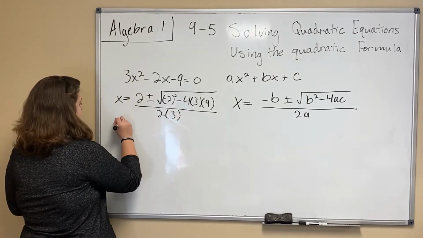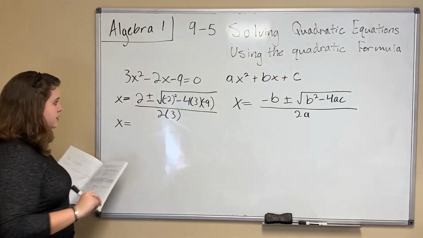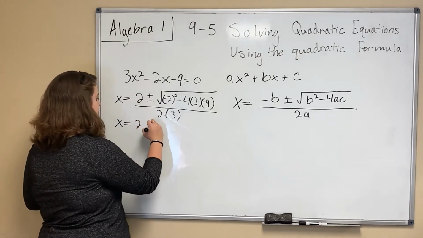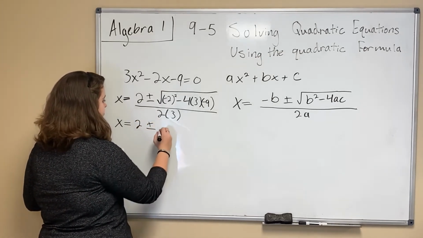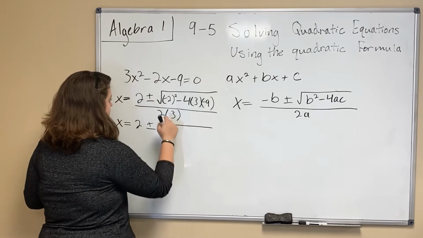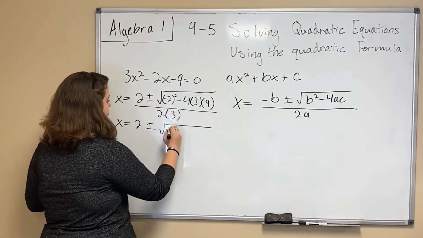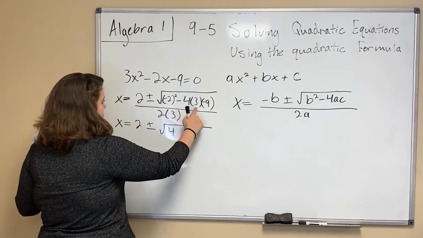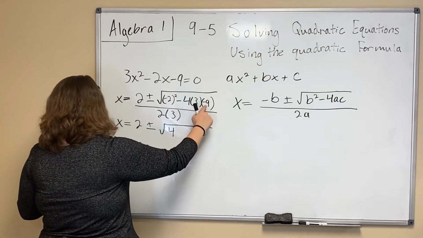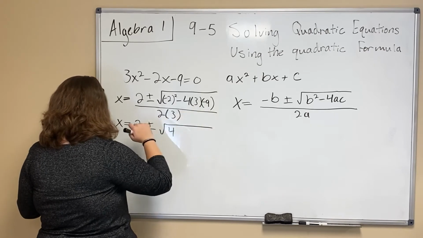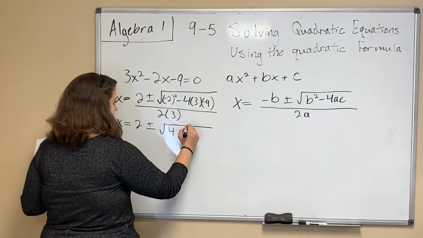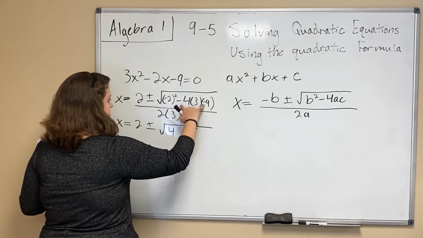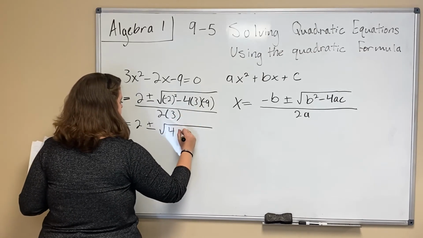Okay, so now we start simplifying. 2 plus or minus the square root of negative 2 squared, which will be 4, and then negative 4 times 3 is 12, times 9 is going to give us 108, and we have 2 negative signs, so a negative times a negative will give us a positive.